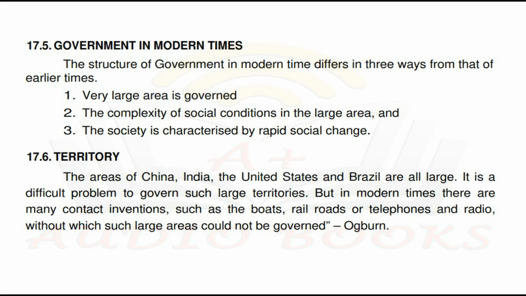The areas of China, India, the United States, and Brazil are all large. It is a difficult problem to govern such large territories. But in modern times there are many contact inventions, such as boats, railroads, telephones and radio, without which such large areas could not be governed, says Ogburn.